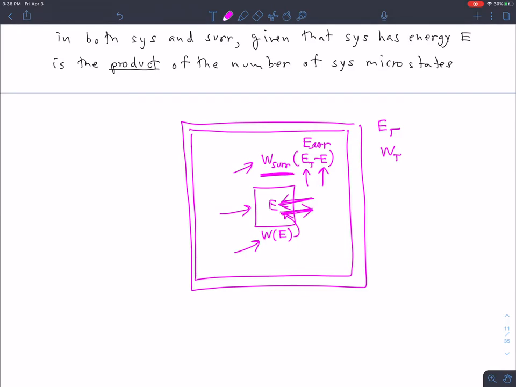Whenever we put some energy out to the surroundings from the system, we're also changing the energy of the surroundings and therefore changing the number of microstates available to the surroundings.